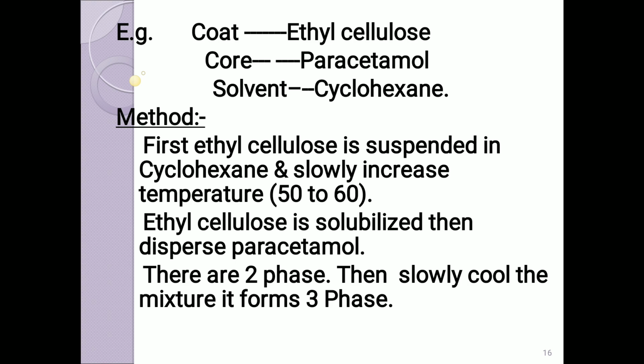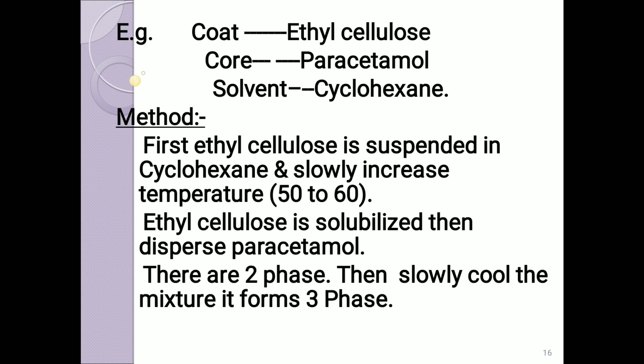But actually it is three phase. But ethyl cellulose is soluble in the solvent, that's why it does not separate out. So you have two phases, that is solution of ethyl cellulose and the drug, right? Then slowly cool the mixture. If you decrease the temperature, the ethyl cellulose which was dissolved at higher temperature precipitates out, coming out from the system.